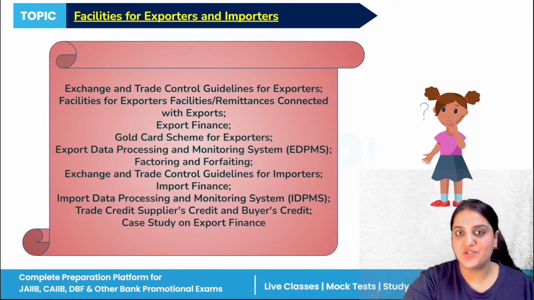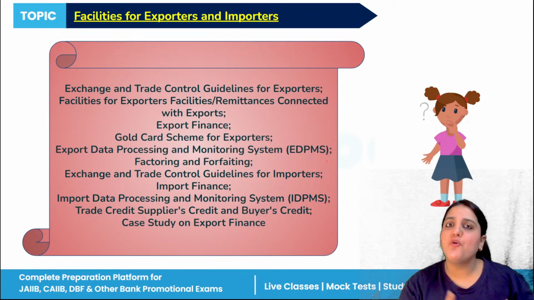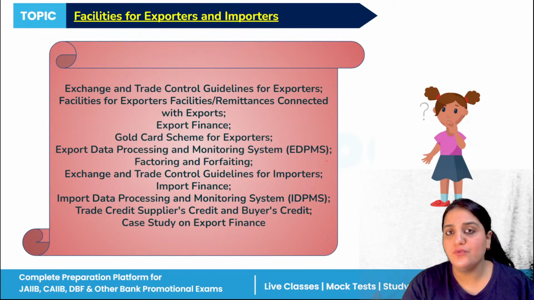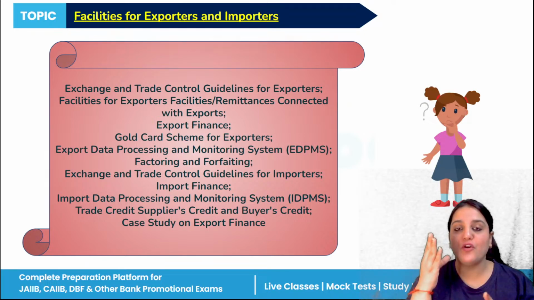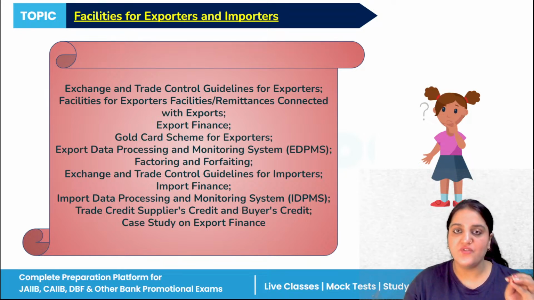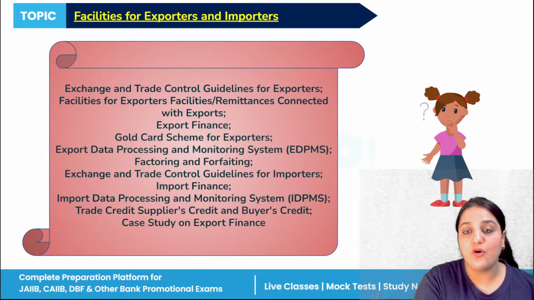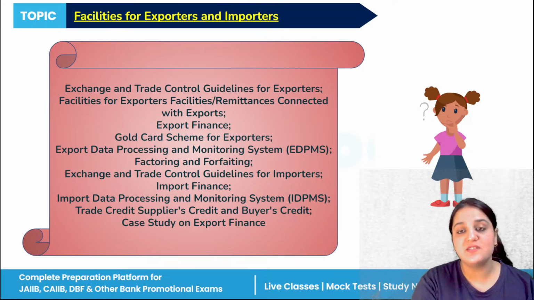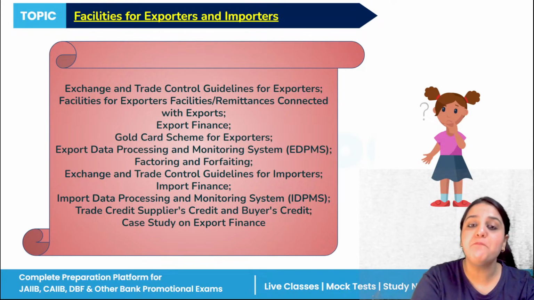Next is facilities for the exporters and the importers. How do they do their business? For their smooth transactions and operations, there are some facilities available for the exporters as well as for the importers. And there are two types of portals also: EDPMS, which is for exporters, and IDPMS, which is for importers.